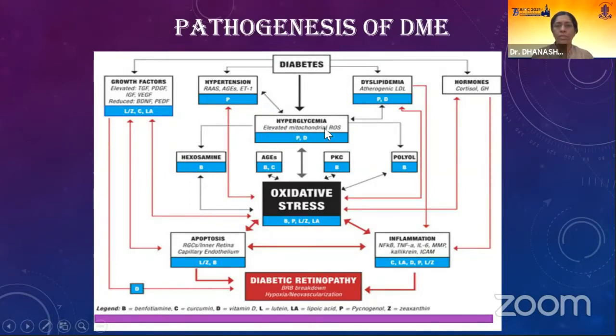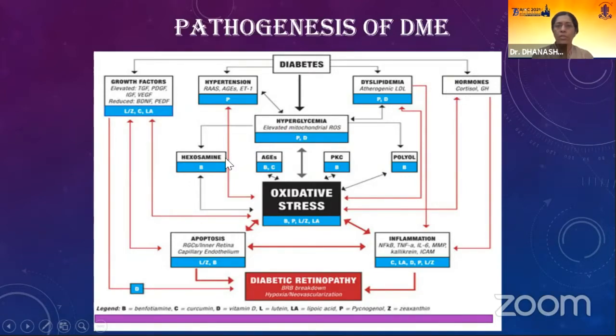Increased blood sugar in diabetes is metabolized through 4 major pathways: the hexosamine pathway, the advanced glycation end product pathway, the PKC pathway, and the polyol pathway. These pathways are augmented by increased blood pressure as well as dyslipidemia. There are various growth factors which also play a major role in this pathogenesis, as also hormones such as steroids.